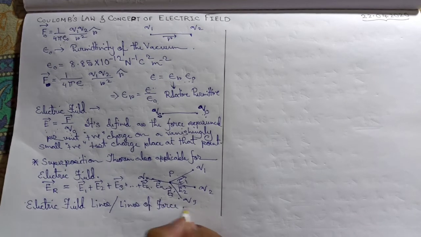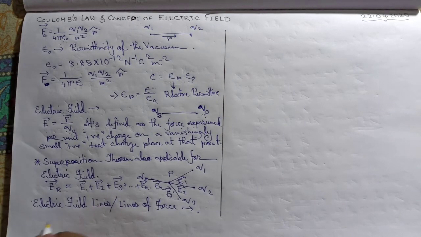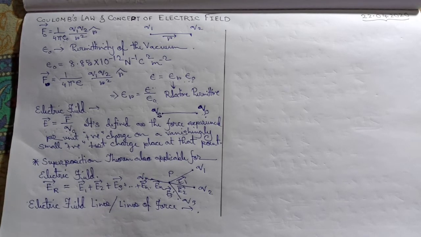Both terms are the same and have the same meaning. So what are electric field lines? If you put a positive unit charge and it can move freely, then the path of the charge is said to be the electric field line.